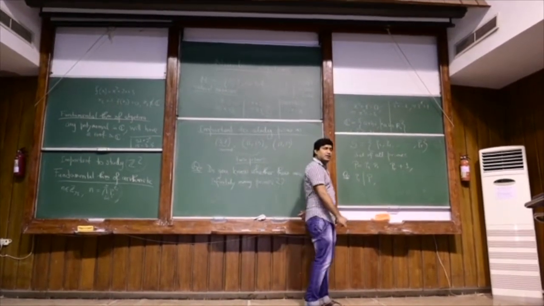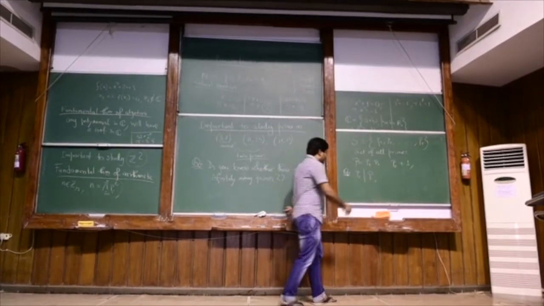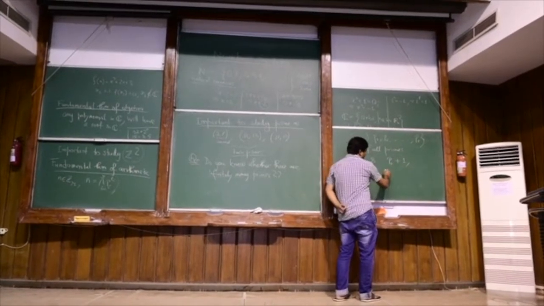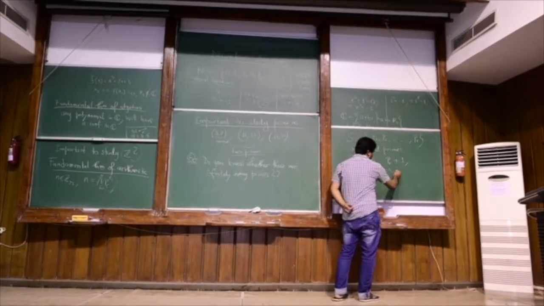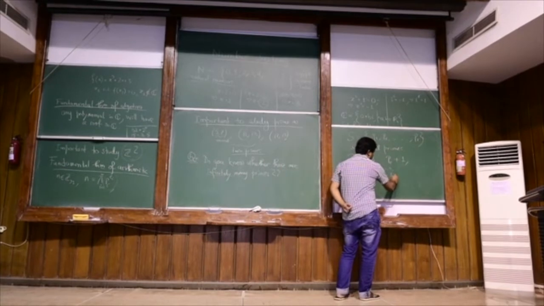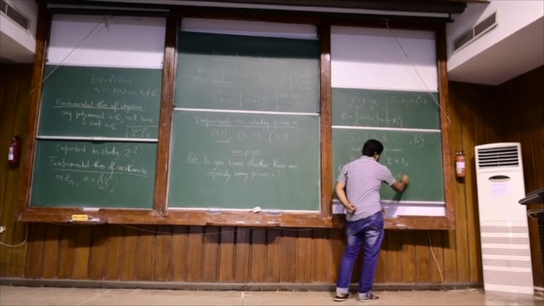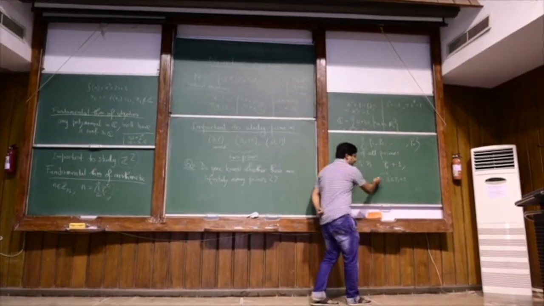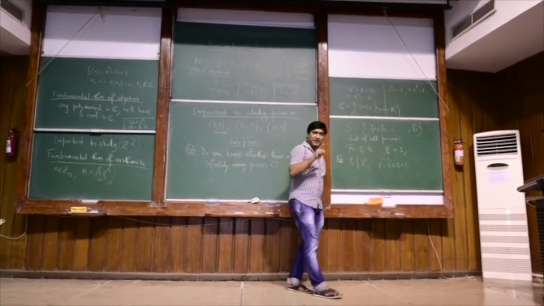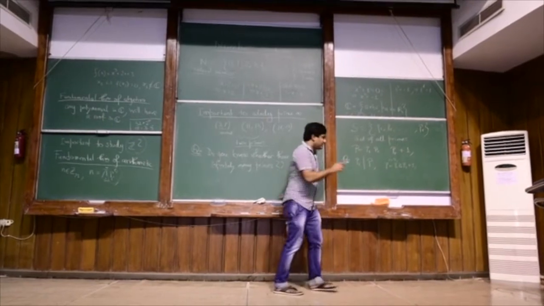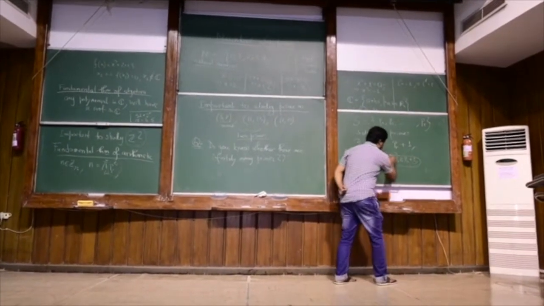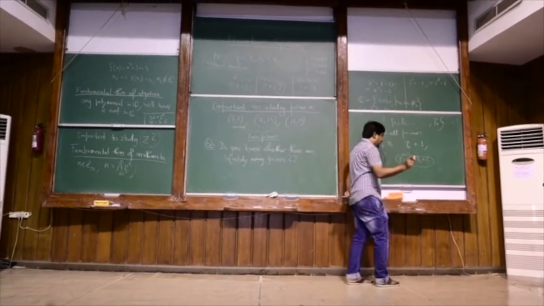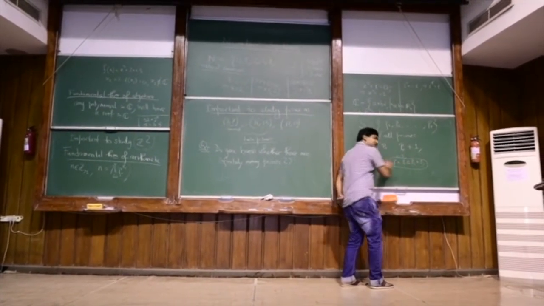Why? If it's too complicated with P1 to PR, let me consider R equal to 3. That means P is P1 times P2 times P3 plus 1, right? So what I am asking is whether P1, P2, P3 divide this. Exactly. And P does not divide 1, right? So this number, capital P, you have already said that P1, P2, P3 don't divide P.